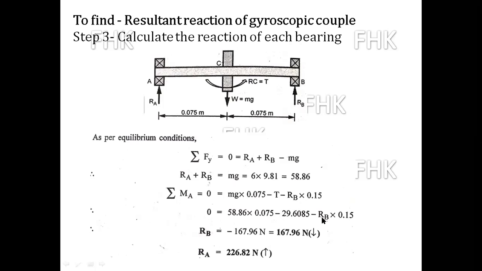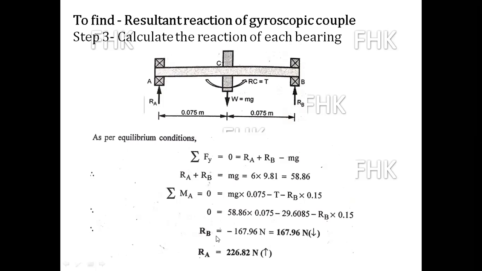After solving this equation, the value of Rb comes out as minus 167.96 Newton. The minus sign shows that the direction of the arrow is downward. So the Rb force is acting in downward direction with a magnitude of 167.96 Newton.